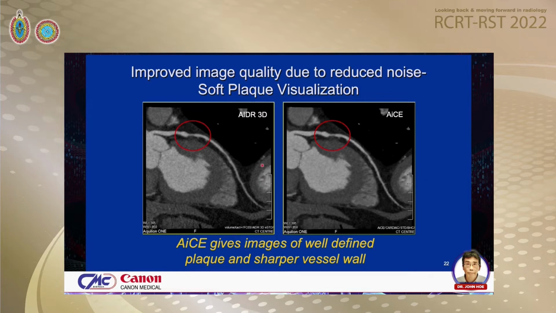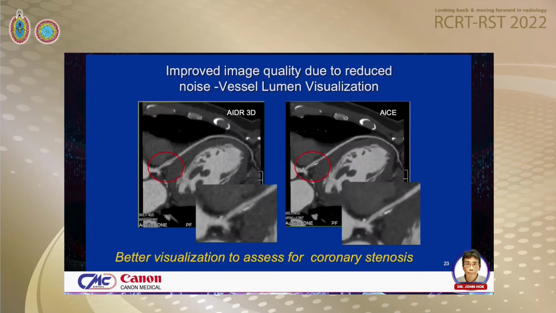The artificial intelligence gives images of well-defined plaque and sharper vessel wall compared to iterative reconstruction. There's better visualization of the lumen to assess for coronary stenosis.